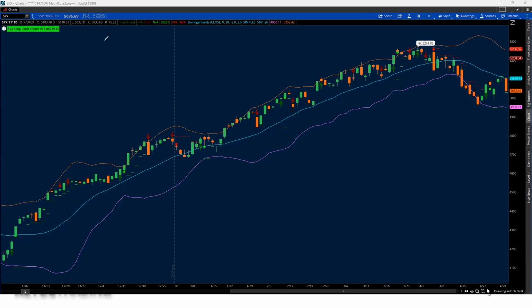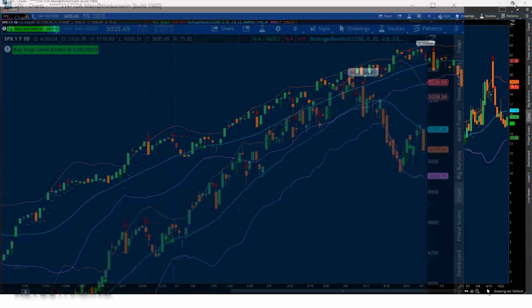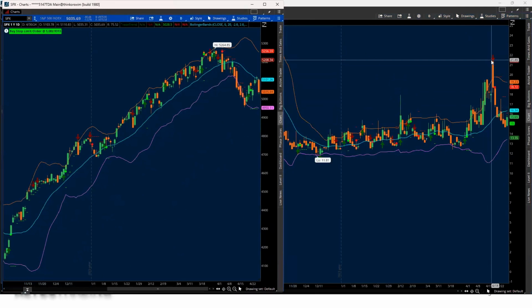All the while, VIX is coming down off resistance. Okay, so VIX began to rotate lower from resistance back on the 19th. So 11 days ago. Okay, that was our clue.